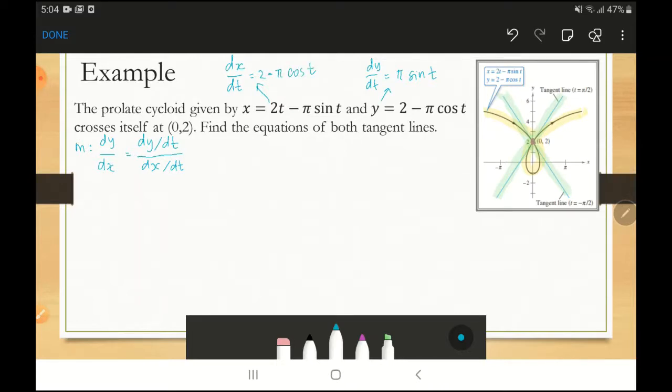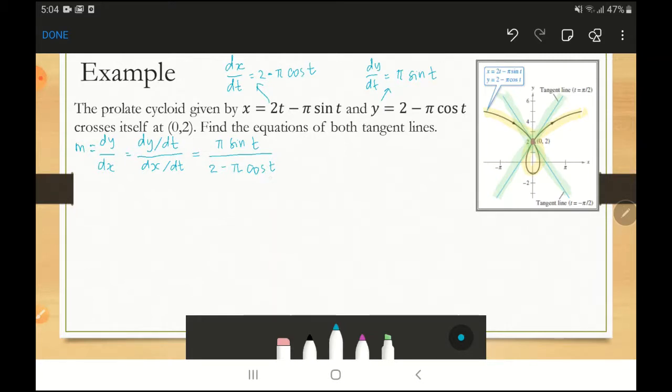There we go. So we have it. Now we plug it in here, where dy/dt is pi sin t over 2 minus pi cos t.